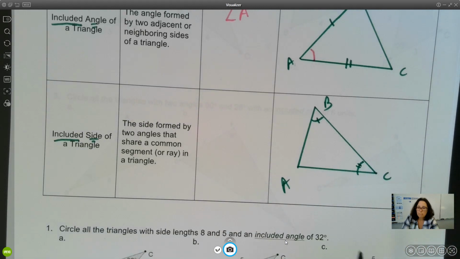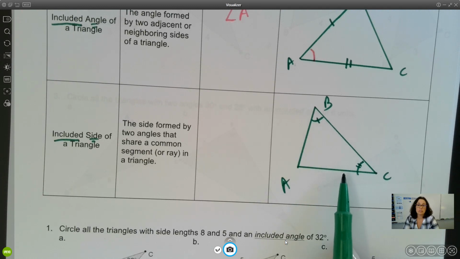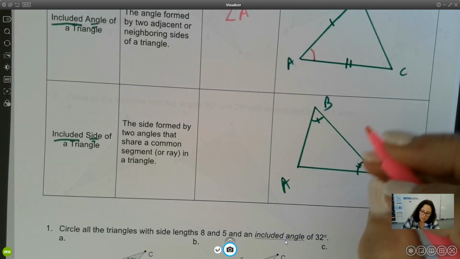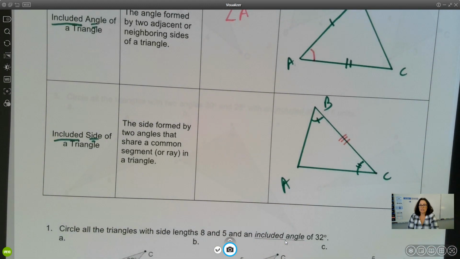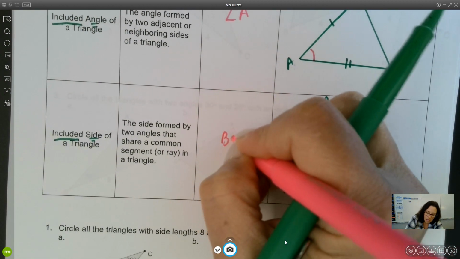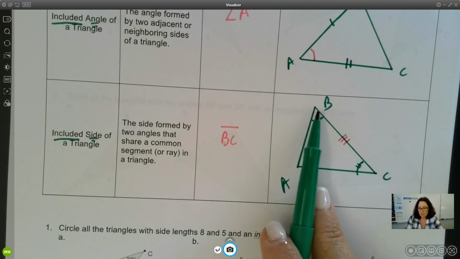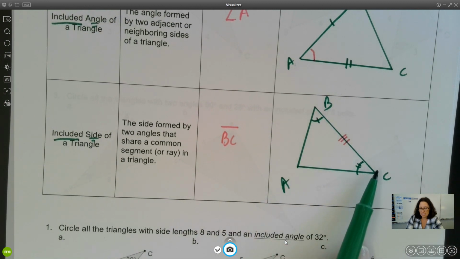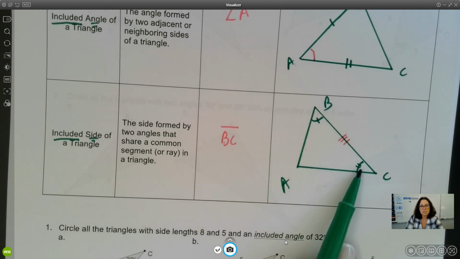I'm putting 1 mark through one of them and 2 marks through another one. That means, hey, look at us, we're angles, but we're different. And then this side right here is the one that I'm drawing your attention to. So side BC is included between angle B and angle C.